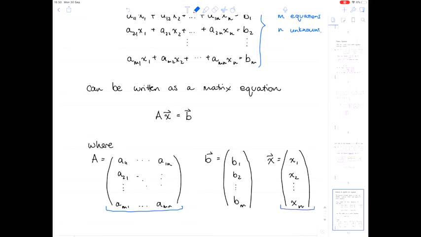Our x is our variable vector, each component of which is one of the n unknowns, and our b is our right-hand side answer solution.